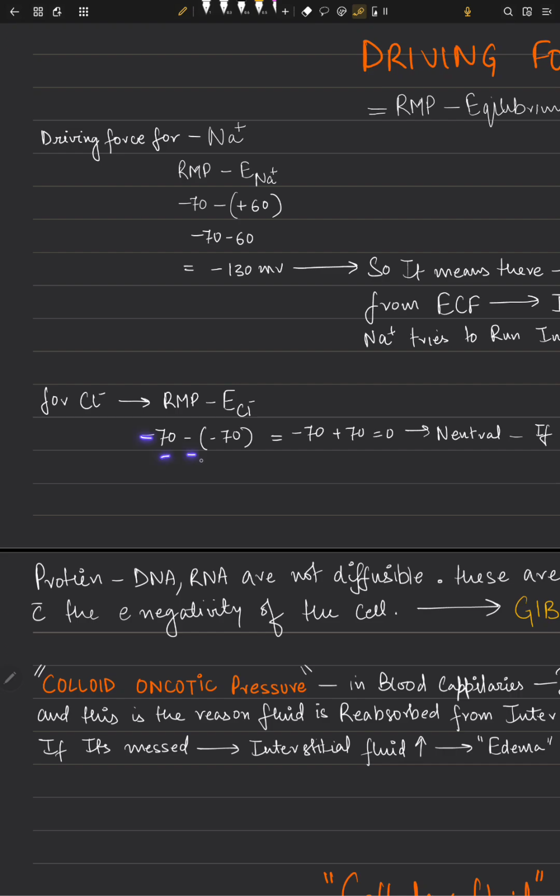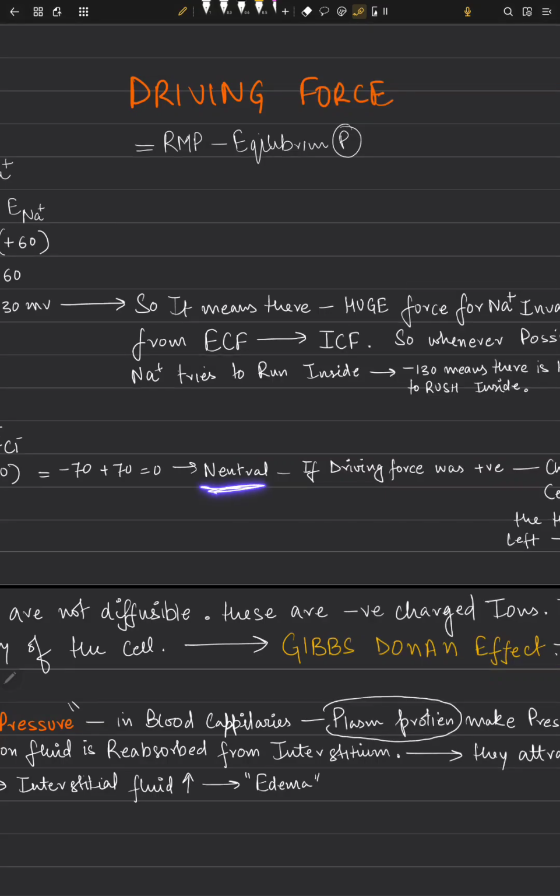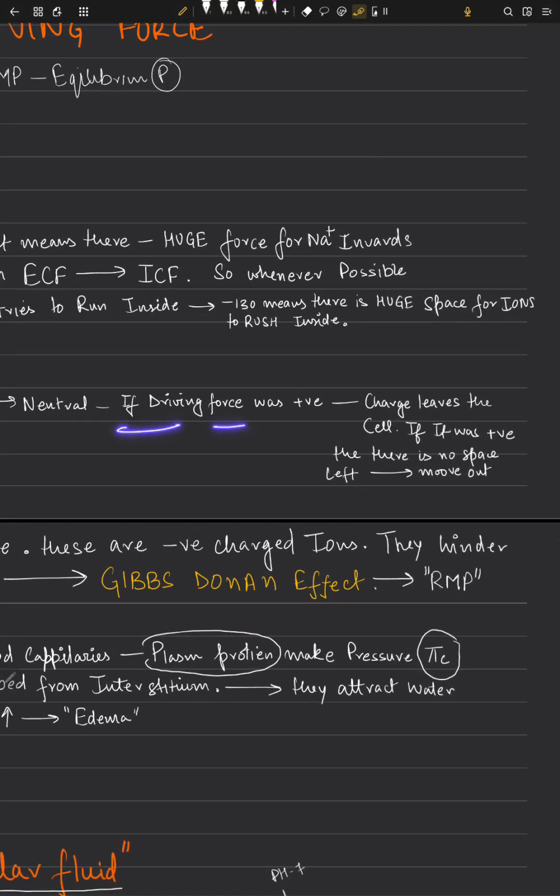So minus 70 minus minus 70 gives 0. It's neutral. If the driving force was positive, the charge leaves the cell. There is no space because it's already positive. Charges are already inside, so they want to go out. So you understand this concept of driving force.